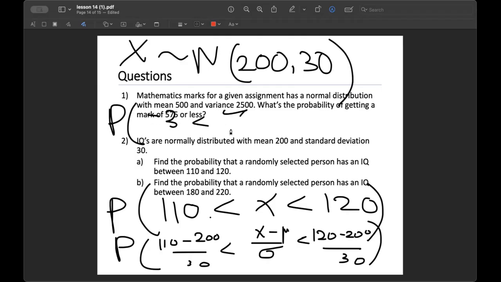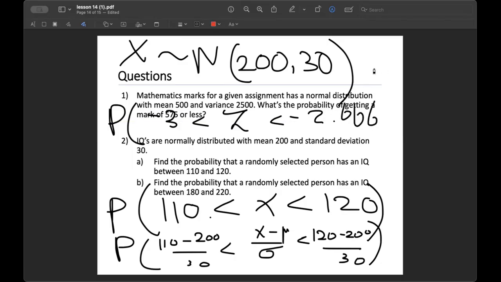And here we have 120 minus 200, minus 80 divided by 30, which means minus 2 point something, 8 over 3, 2.66666 somewhere around like that.